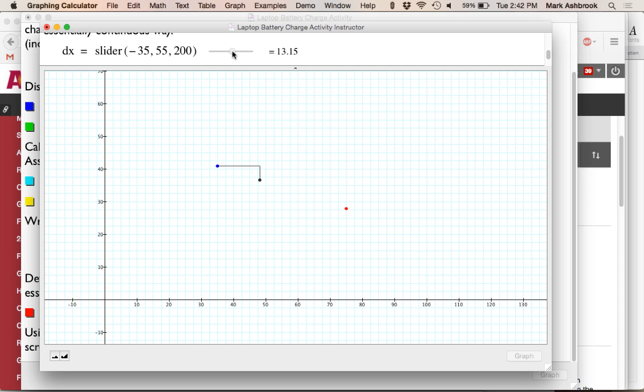And then for positive dx, you get different values or different coordinate pairs of time and percent. So what's dx here? Right? So when dx is 40, that terminal point will be the same as the second point you were initially given, right?